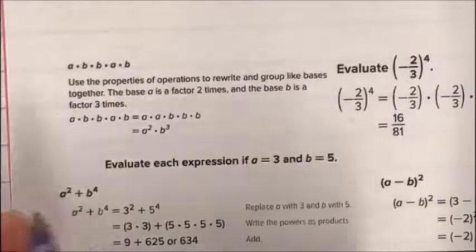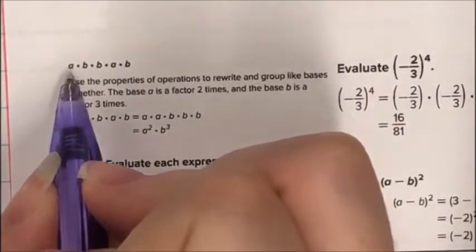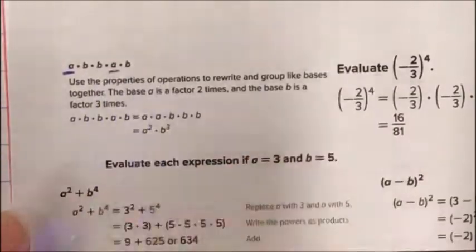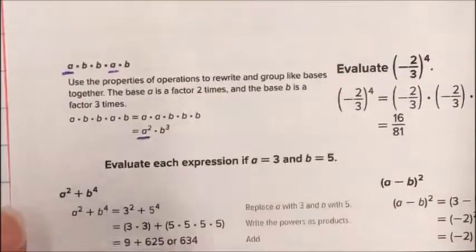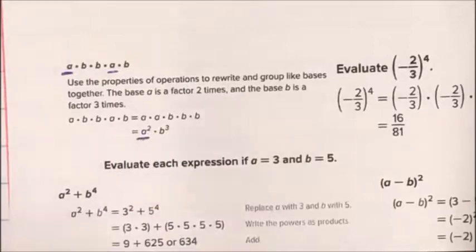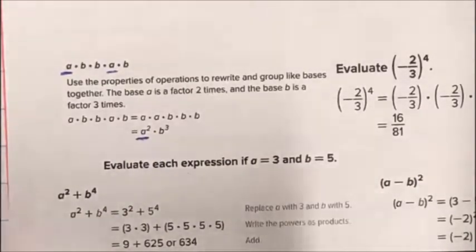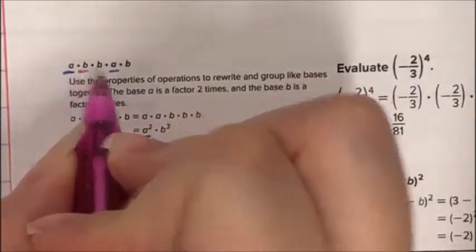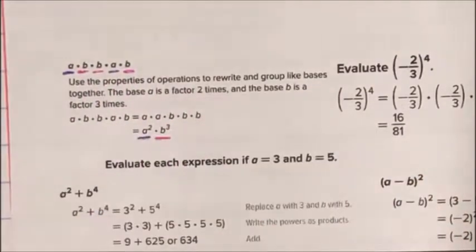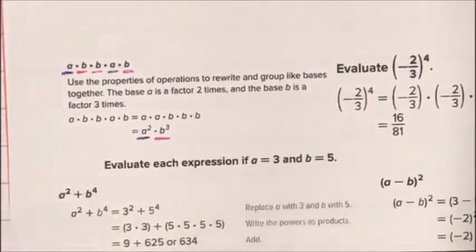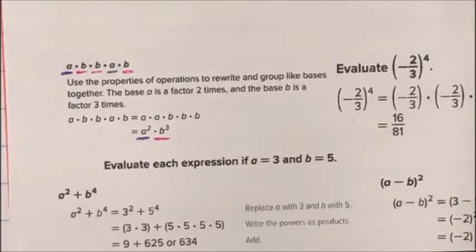So I figure out how many A's I have. 1, 2. I have 2 A's, so I get A squared. Then I figure out how many B's I have. I have 1, 2, 3, and I get B cubed. So my final answer is A squared B cubed, or A squared times B cubed.